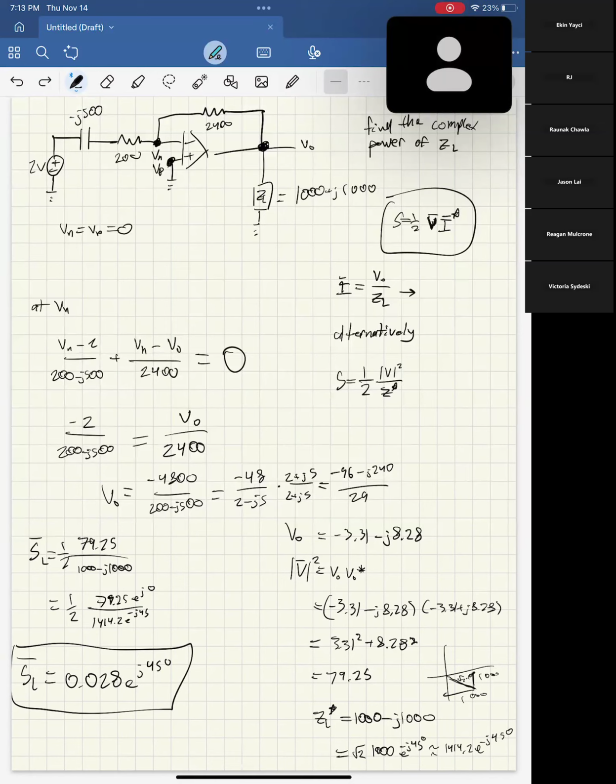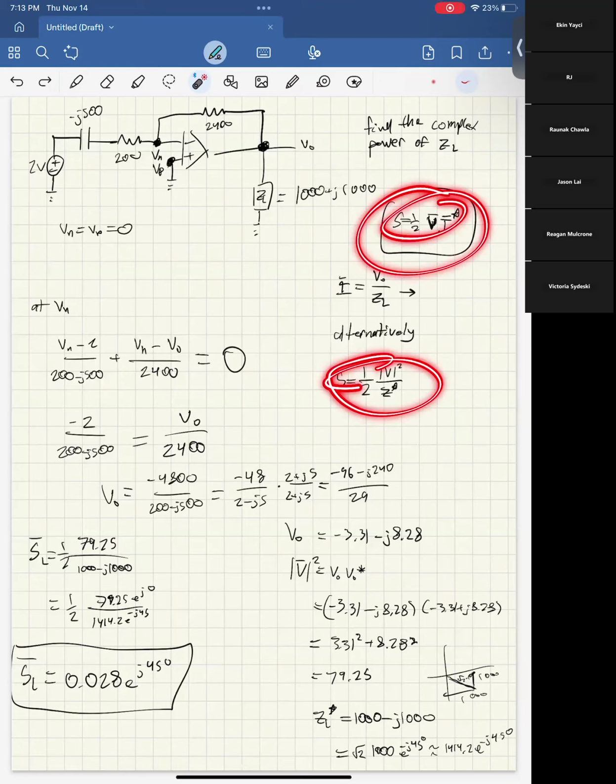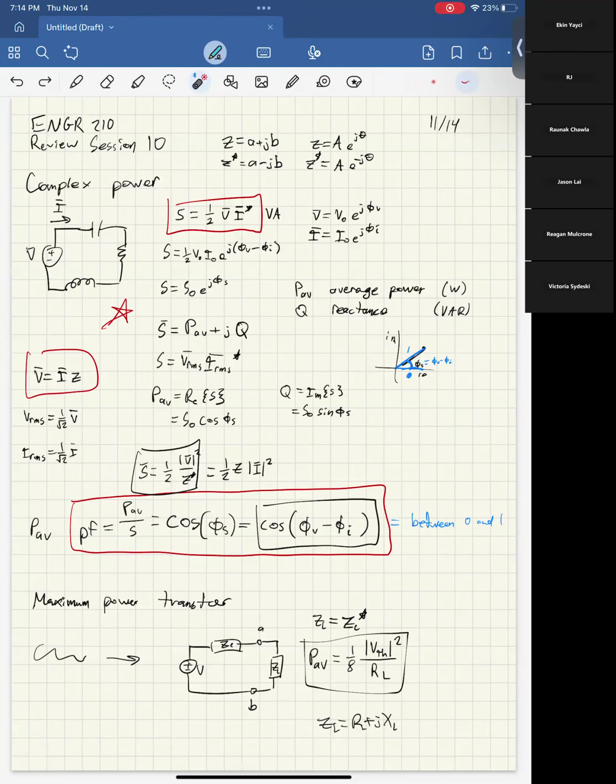So again, like I said at the beginning, as long as you know your power equations, then it's not really anything all too new. It's just find your complex power, find your complex voltage, and then use this equation or this equation and find the thing they're asking you to find.